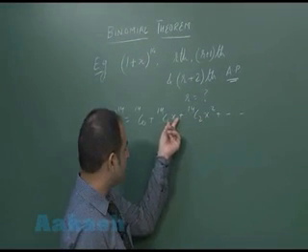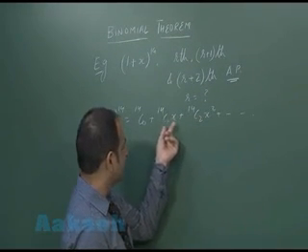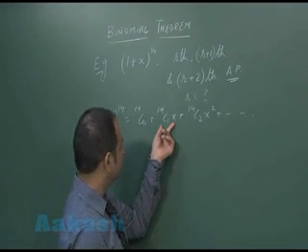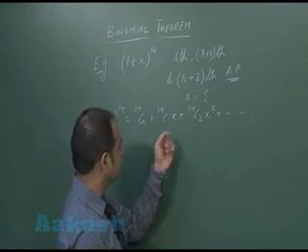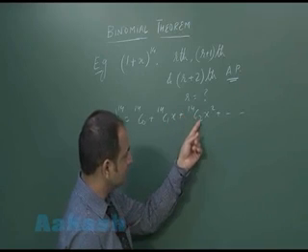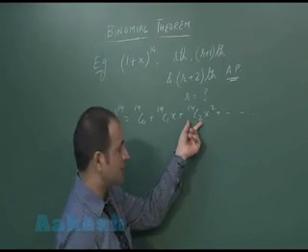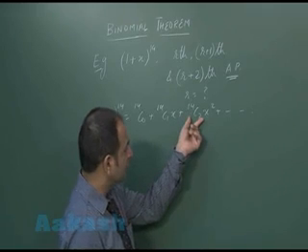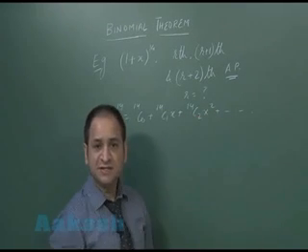The coefficient of x is 14C1. This is the second term, and in second term you are getting 14C1. In the third term you are getting 14C2. So this is the coefficient of x square and it is 14C2. So for third term you are getting 14C2. Again for fourth term you will be getting 14C3.